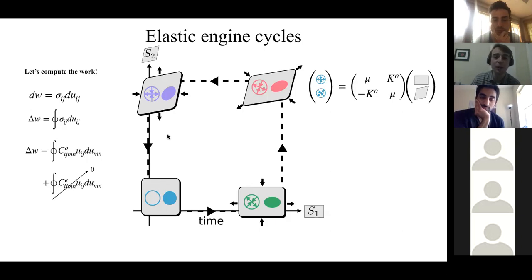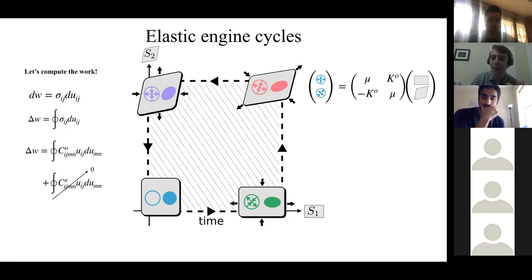But if I take a closer look at what's happening in the anti-symmetric part with the K_i, we find that this is a non-vanishing cycle. So the total work done, if you do this quick calculation, is equal to 2k_0 times the area enclosed in the space of strains.